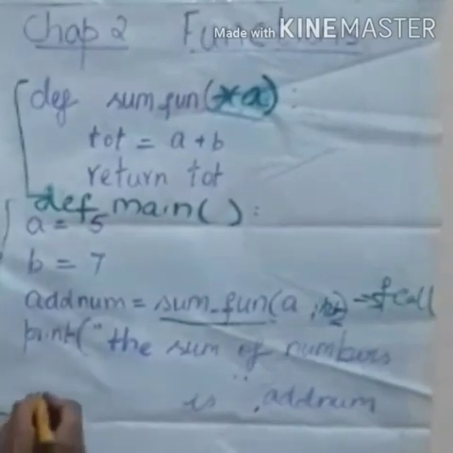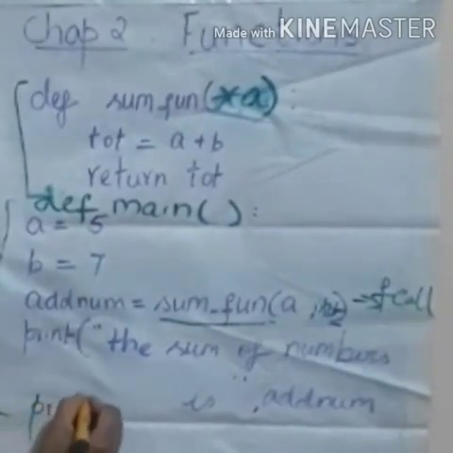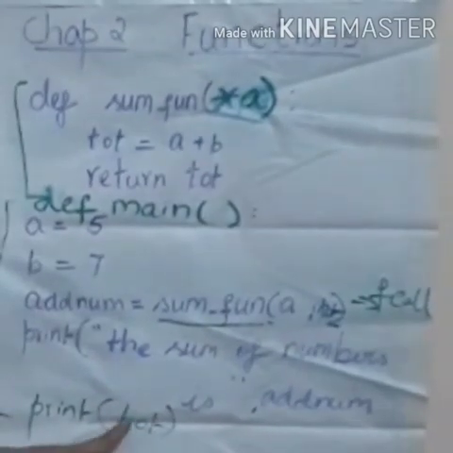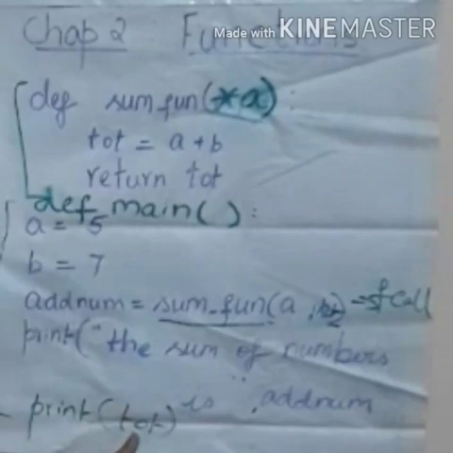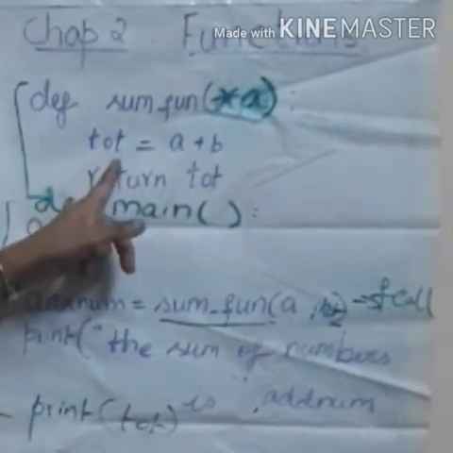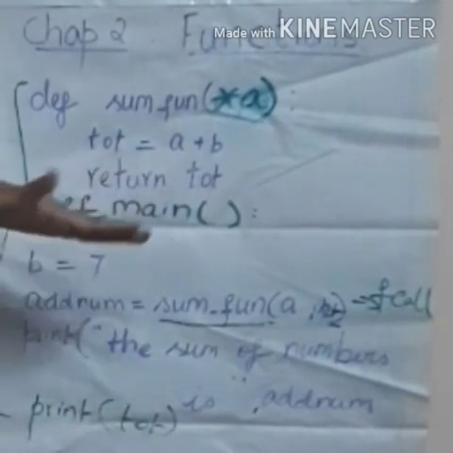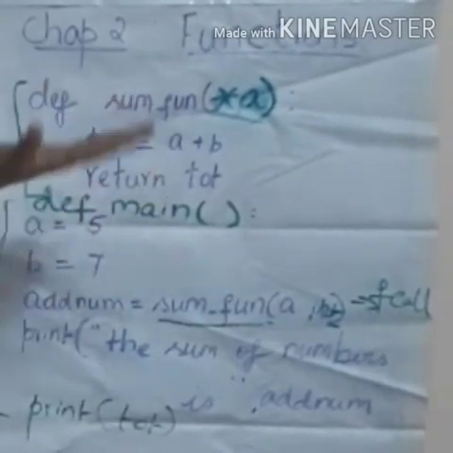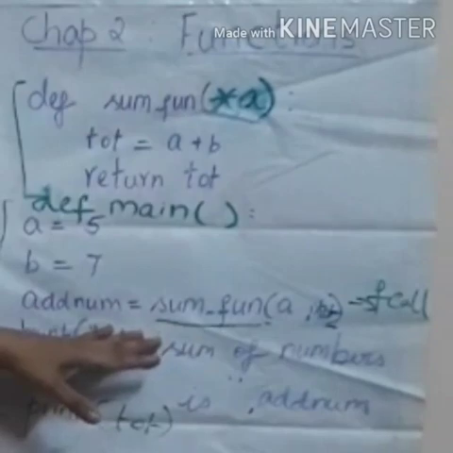Now suppose if I give print tot, will I get the answer here? No, you will not get the answer here, because the lifetime of that tot variable has ended over here, and you won't be able to get it in this program.